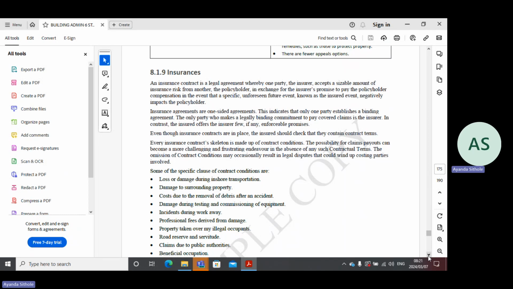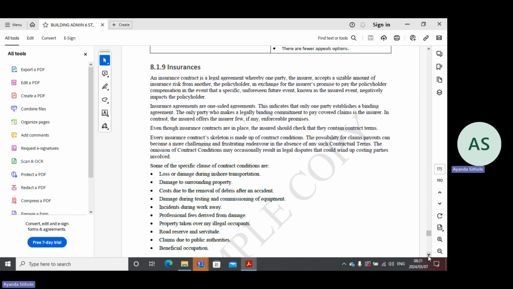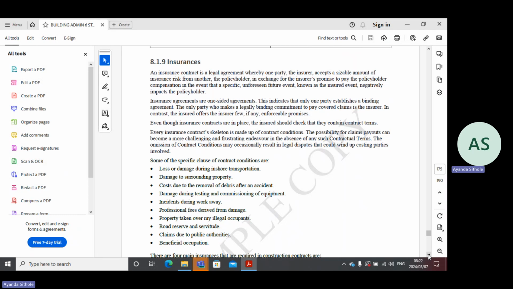We have some specific clauses of contract conditions, which are loss or damage during transportation, damage of surrounding properties, cost due to the removal of debris after an accident, damage during testing and commissioning, and incidents during work away. So there are so many, guys, you can go through them. Those are the specific clauses of contract.